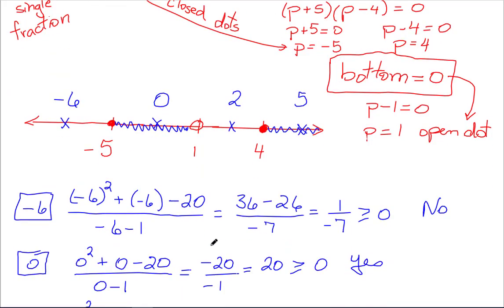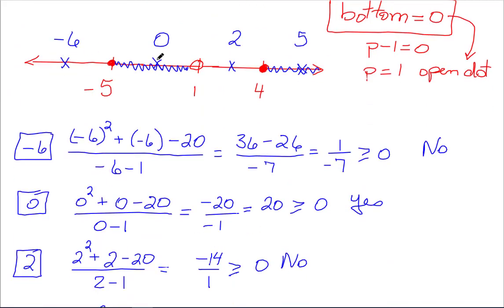So now I just have 4 numbers to pick and try. So I've got minus 6, 0, 2, and 5. We plug them in and see if it gives me something true or not. For the minus 6, is minus 1/7 bigger than 0? No. For 0, is 20 bigger than 0? Yes. Therefore, shade it in. I try the 2. Is minus 14 bigger than 0?